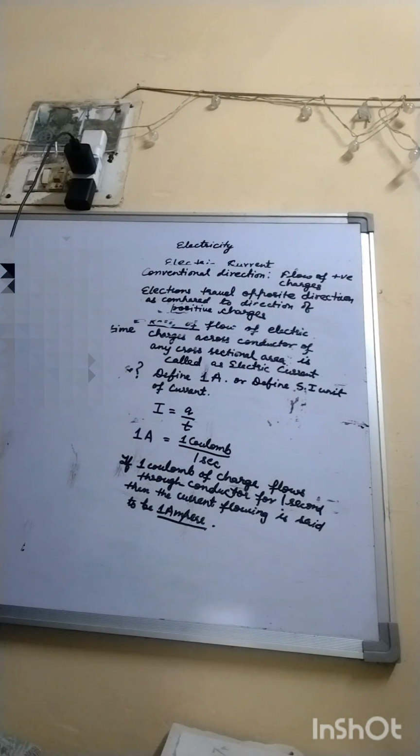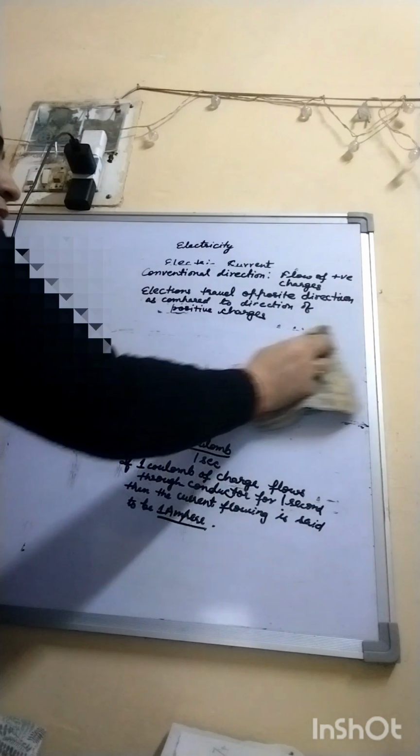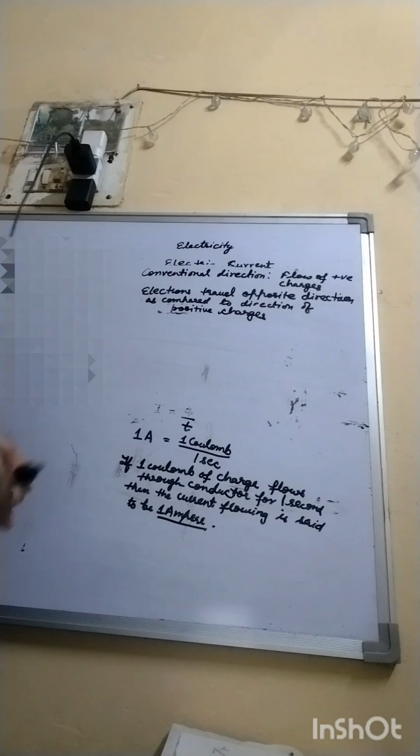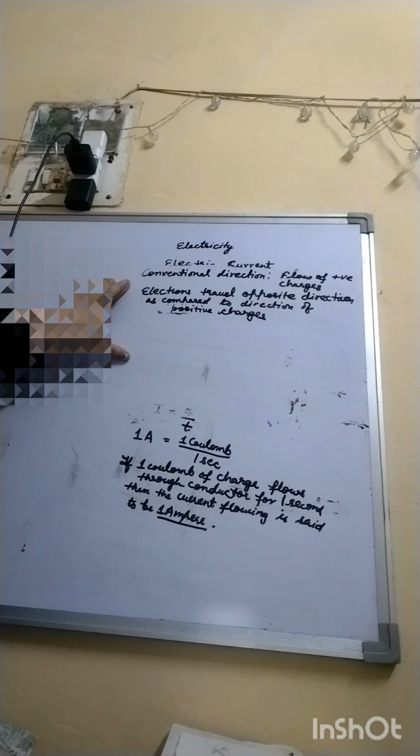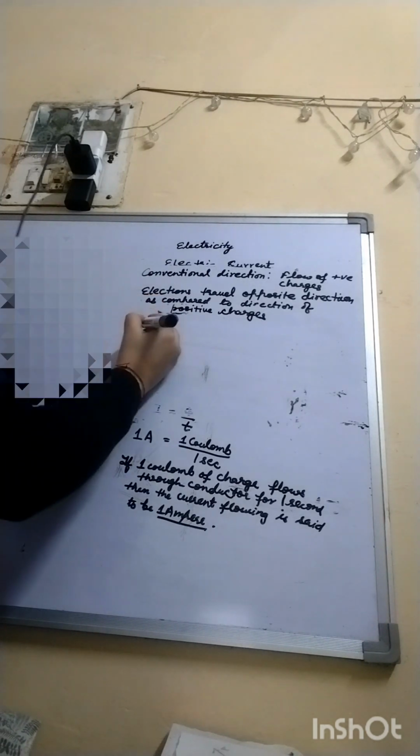Okay, now this is an important point to be noted, that the direction of positive charges and the direction of flow of electrons is opposite.